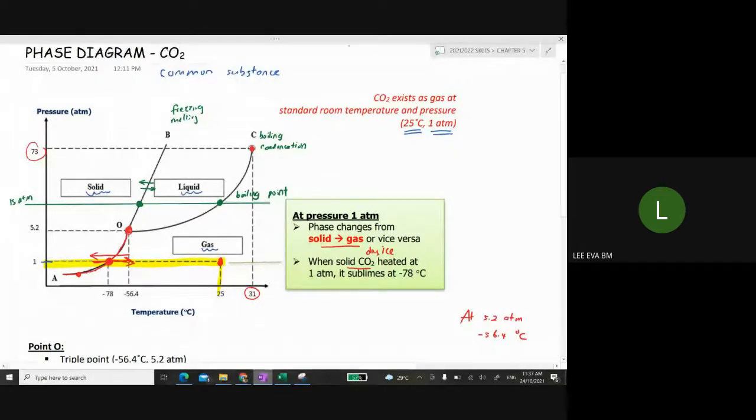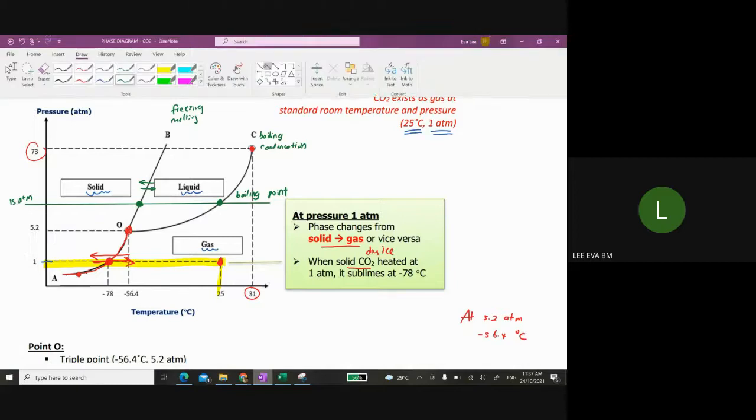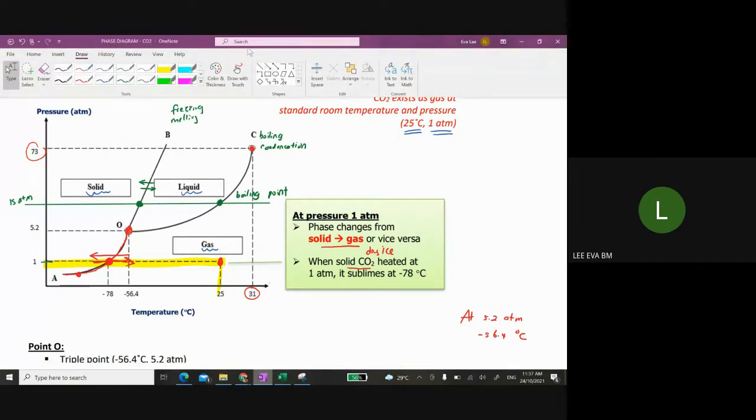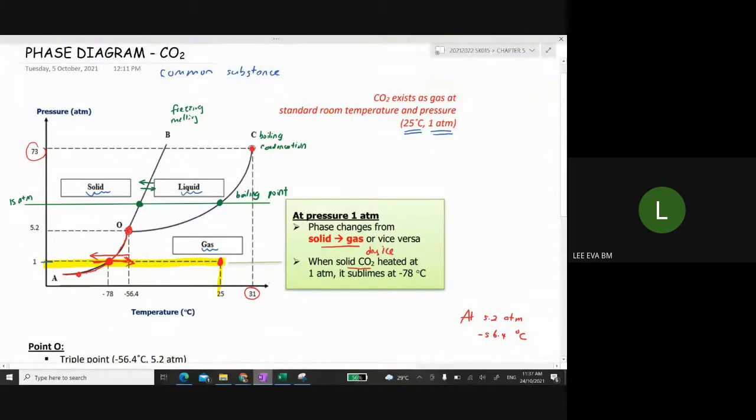Okay, but what if I draw another line over here? My line is not accurate, so let me move out a little bit into 1 atm here. It doesn't touch. I can't write it on top there, or Madam can just circle it here. It won't hit. Okay, never mind, I can't draw it.